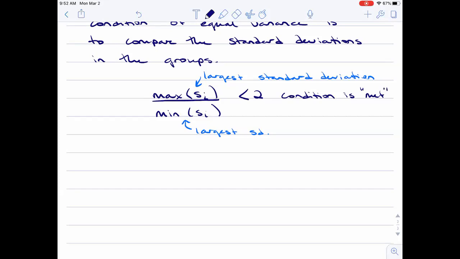If it's close to 2, you might want to look into it, because that means the maximum s_i is almost 2 times larger than your minimum, and that's kind of a big deal. In general, if that ratio is larger than 2, then we need to look into it.